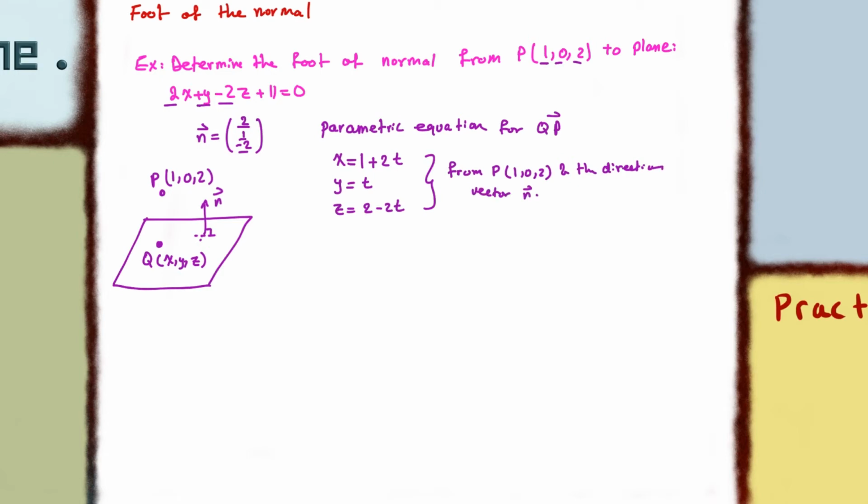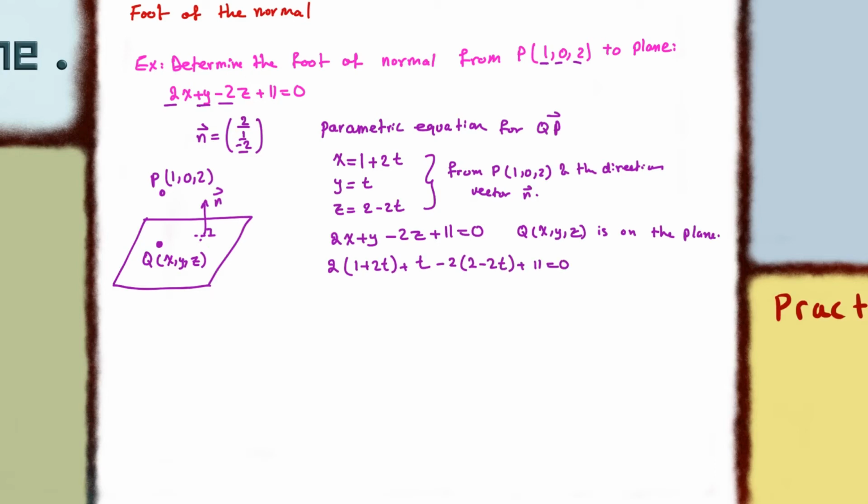Now we have the equation of the line that goes through P and Q, and we know that point Q is on that line, and it's also on the plane 2x plus y minus 2z plus 11 is equal to 0. So we can use that idea, we can plug in all the parametric equation values for x, y, z into the plane equation.